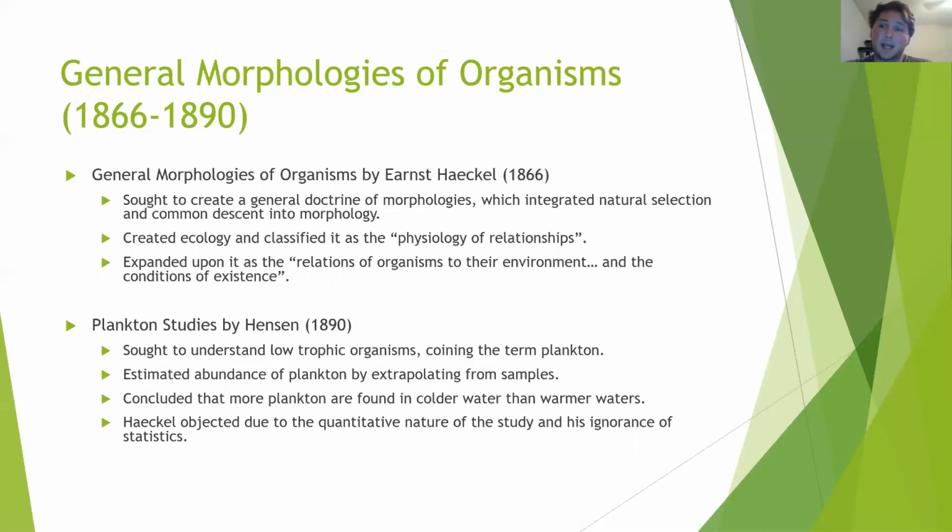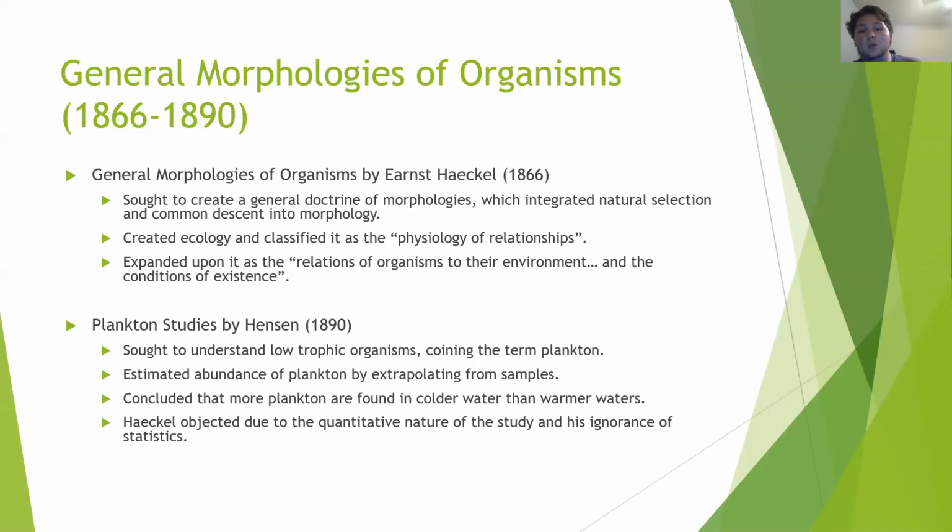Hensen in 1890 did several plankton studies where he sampled a ton of plankton communities and used his data and some statistics to predict where you're going to find the most plankton abundance and the least plankton abundance. And so by doing this, he predicted that in warmer waters, you will find fewer plankton than you will in colder waters.